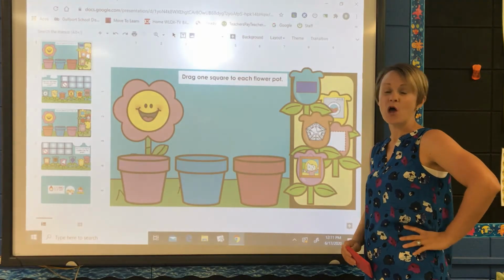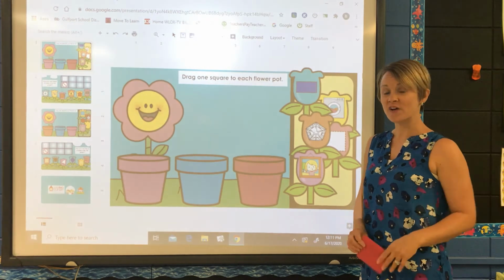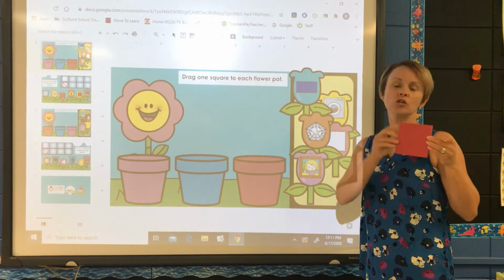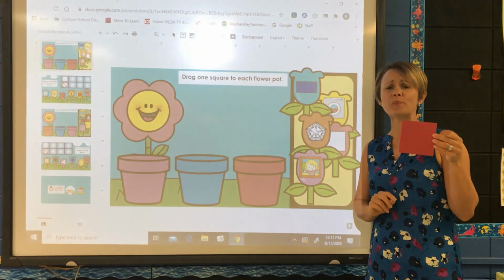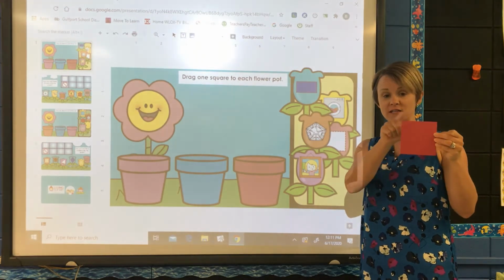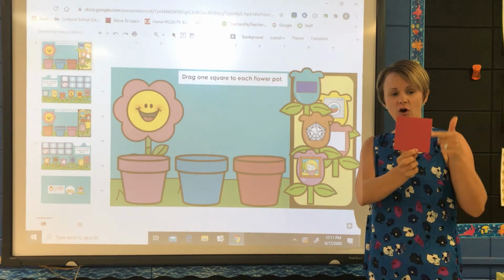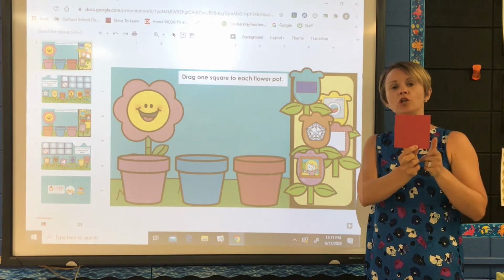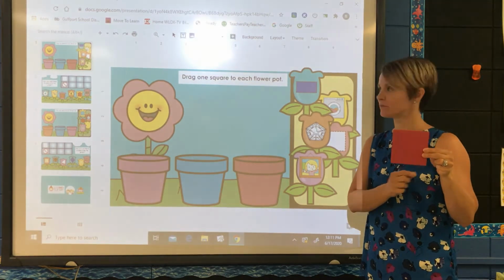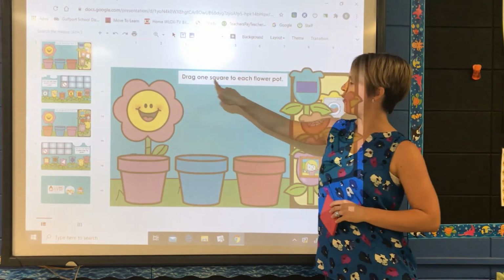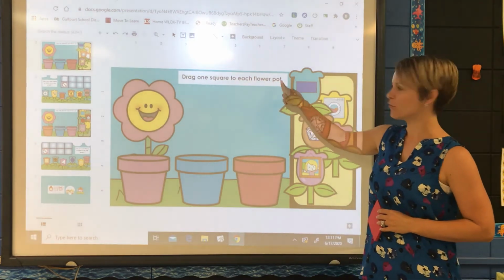All right, friends, we're going to play a game to help us find squares. Don't forget, a square is a special shape. All of his sides and all of his corners look the same. We're going to drag one square to each flower pot.